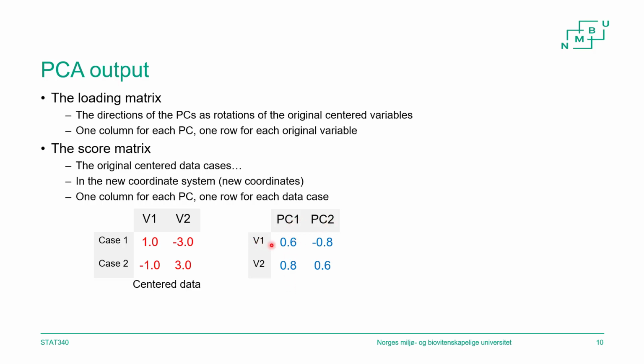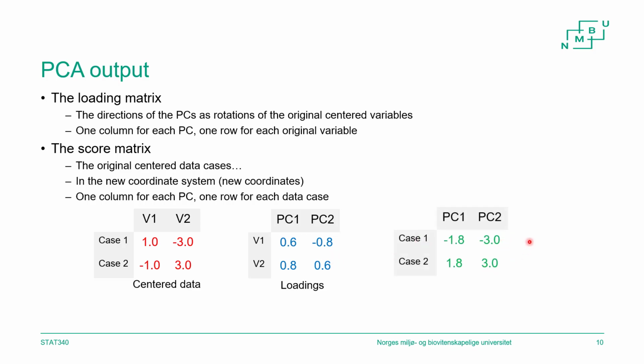And notice there is one row here for each of the variables in the original data set. So a loading matrix will always have, when you have P variables, P rows and one column for each principal component. So these are the loadings in this case, and these numbers were computed by the principal component analysis.